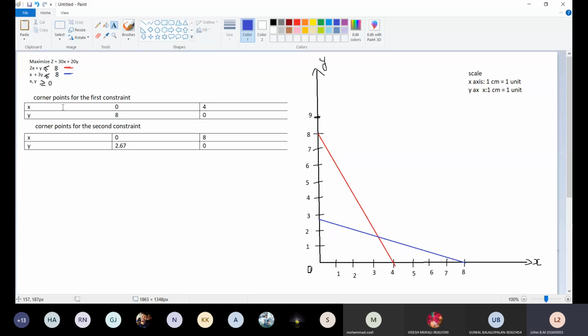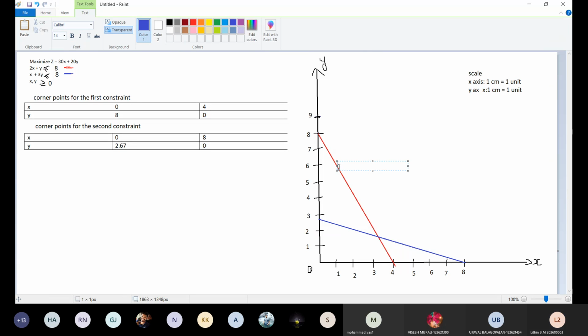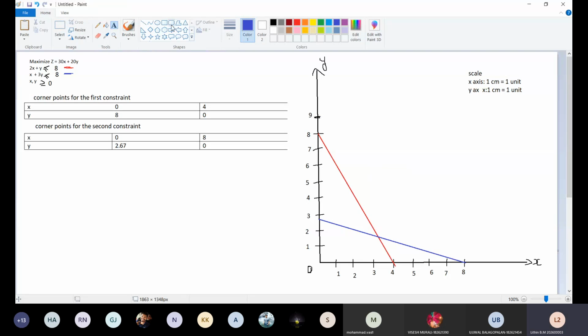See the corner points for the first constraint. What is the value of x? In this first table, what is the value of x? 4 and 8, sir.